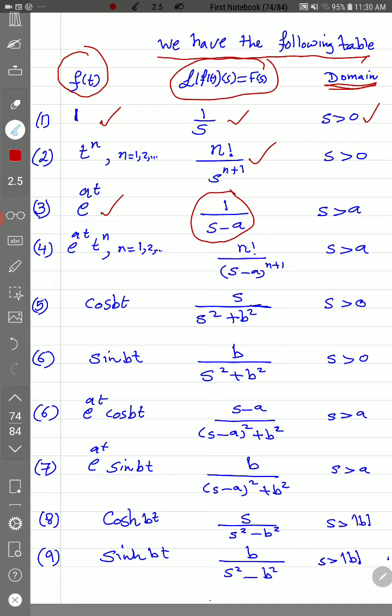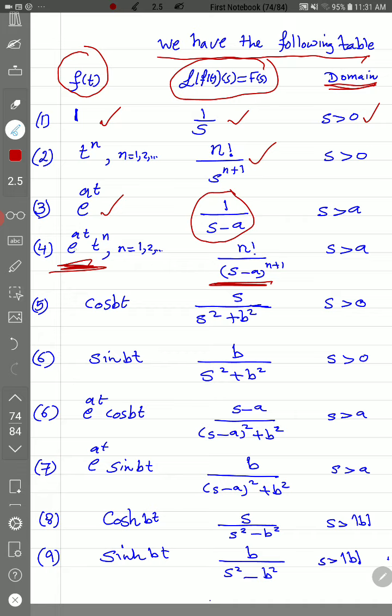And if you carry on, then t to the power n times exponential, we get number 4. This is more general than number 2, because number 2 is a special case of number 4.